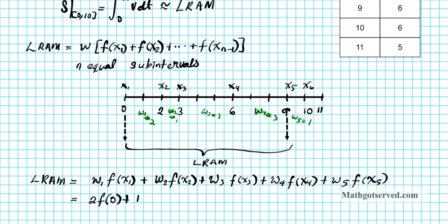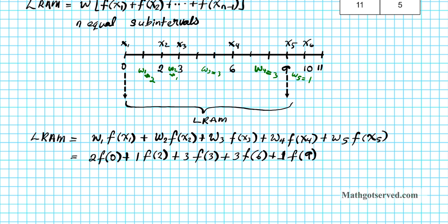Plus the second width is 1 unit long times f of x2, which is 2, plus the third width, which is 3 units long, times f of x3. x3 is 3, plus the fourth width, which is 3 units long also, times f of x4, which is 6, plus the fifth width, which is 1 unit long, times f of x5. x5 is 9. All right, this is for left rectangular approximation. All right, so we're going to use our charts to figure out the output here.